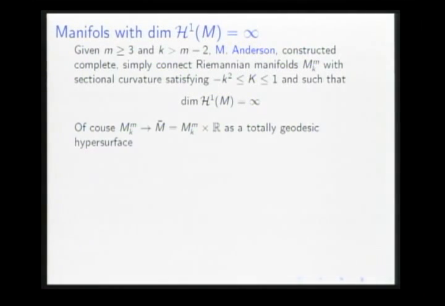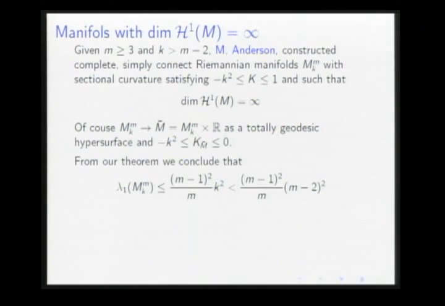Well, of course we can embed this manifold in the product as a slice, a totally geodesic hypersurface. And the sectional curvature satisfies this inequality. So using our theorem, we can conclude that the first eigenvalue of these manifolds constructed by Anderson satisfies this inequality.